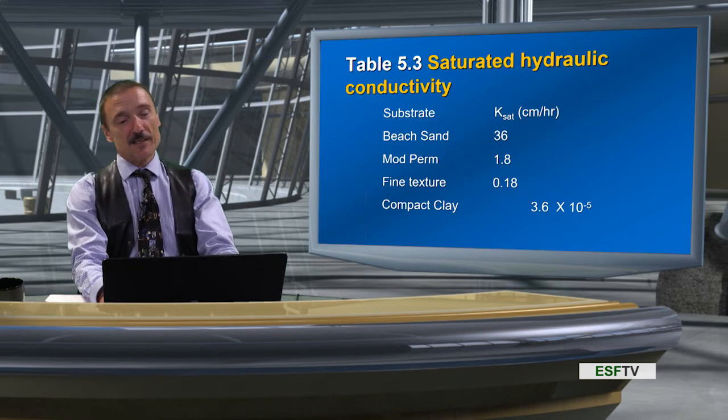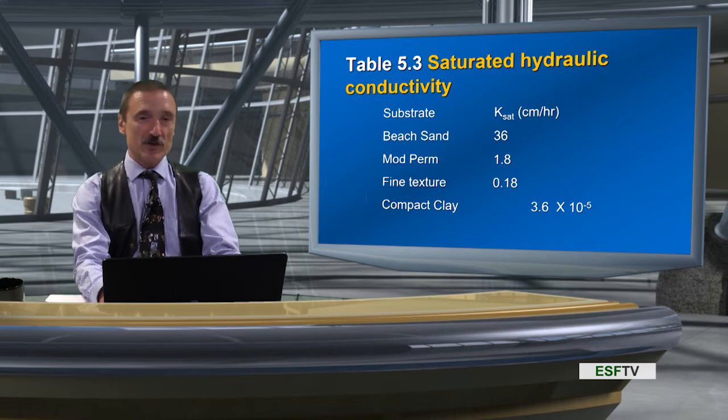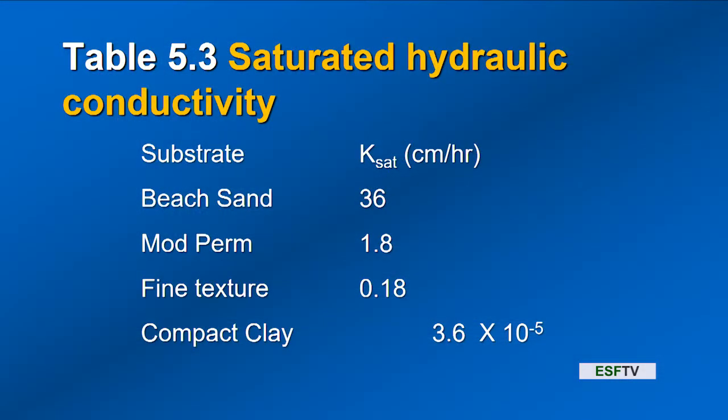Let's look at the rates. And so we made some distinctions about soil texture and the rates of saturated flow. Here's some quantified numbers from table 5.3. Okay? And so I have a substrate with increasingly fine textures and the Ksat in centimeters per hour. So we look at beach sand, has a very rapid saturated flow.